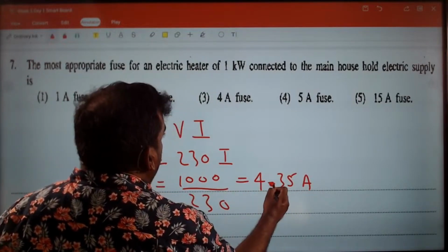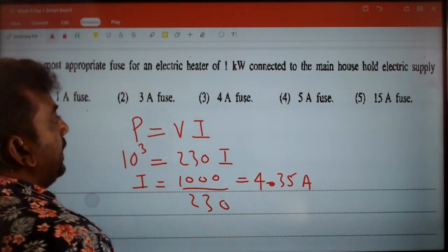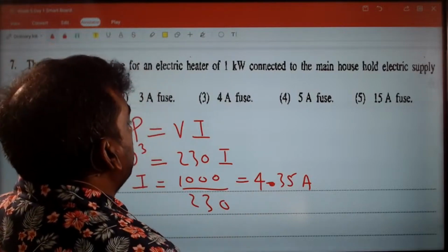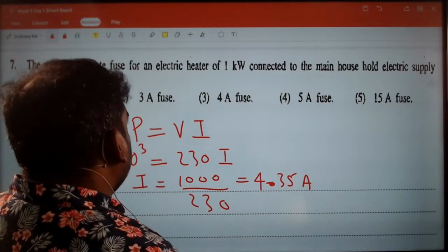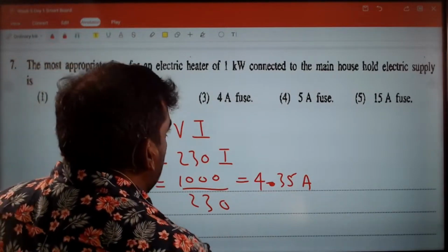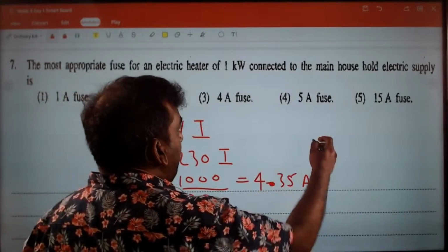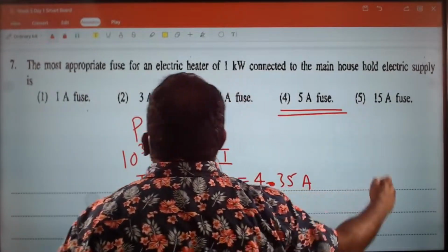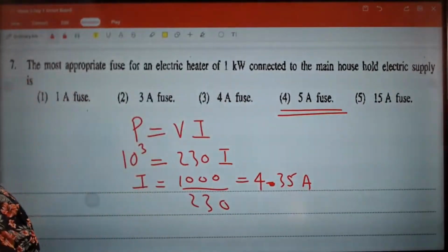Now, if you look at this carefully, if you use a 4 ampere fuse, before this current is reached, it will break. So the most probable fuse is going to be the 5 ampere fuse. It makes sure that bigger currents don't pass through.